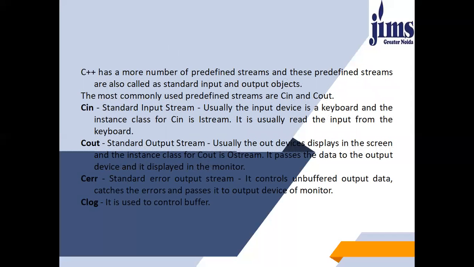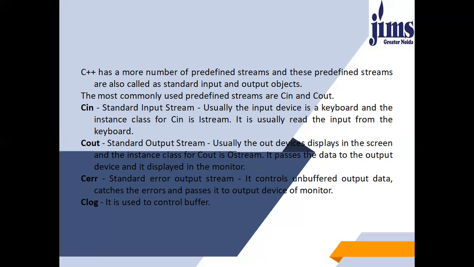C++ has more number of predefined streams, and these predefined streams are also called standard input and output objects. The most commonly used predefined streams are cin and cout. cin, standard input stream.